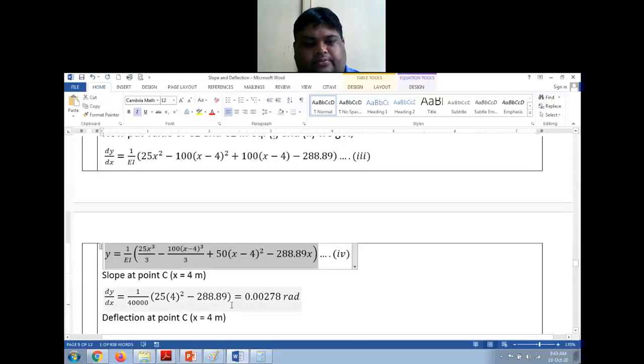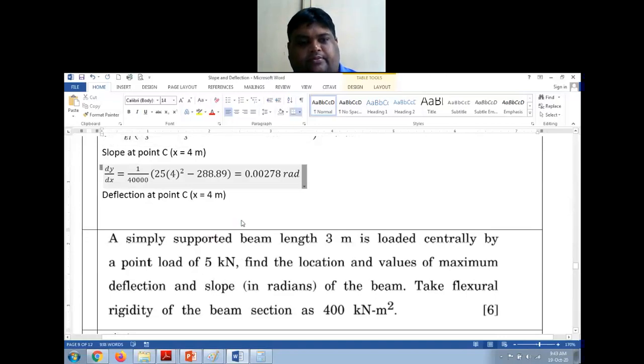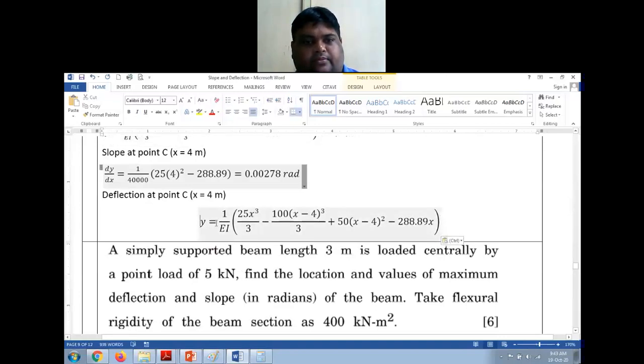Deflection at point C, x equal to 4 meter. We will use this expression. y is equal to 1 by EI.